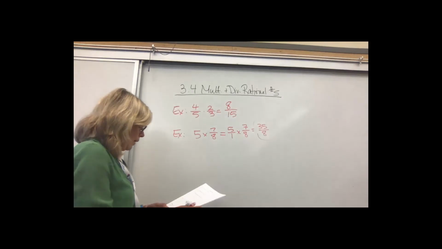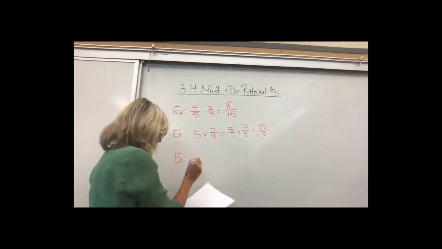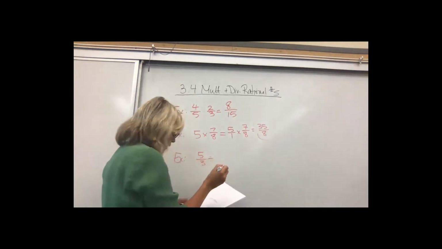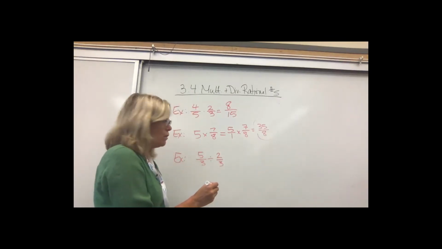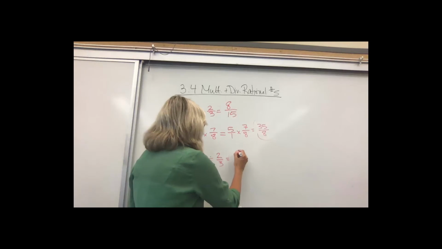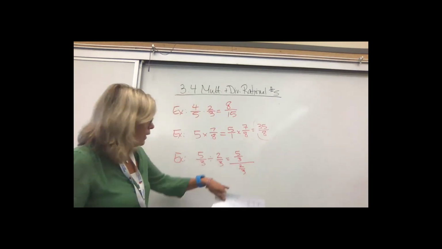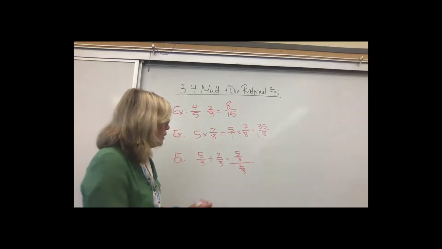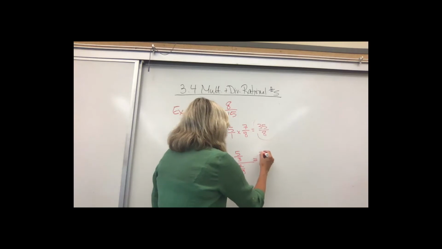Okay, and then if we have some division, we have 5/3 divided by 2/3. Well, this could also look like 5/3 over 2/3. Well, we know in that case you just simply flip the denominator and multiply it by the numerator, and then you get the answer.